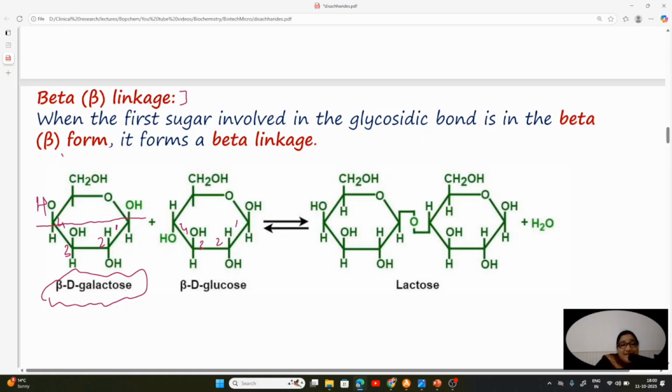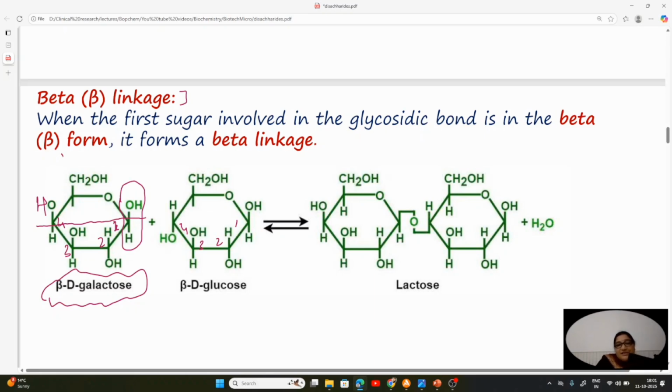Yes. So this is the structure of galactose and it has beta configuration. Okay. And if the first sugar involved is in beta configuration, here is the beta configuration at the anomeric carbon atom, that means carbon atom number 1, the OH is above the plane and H is below the plane.